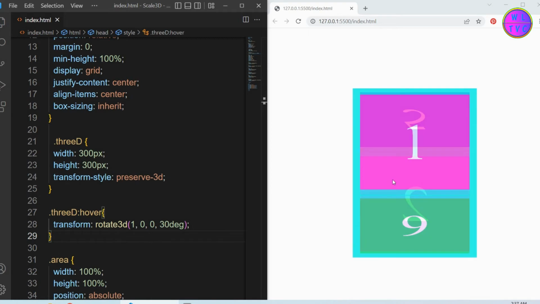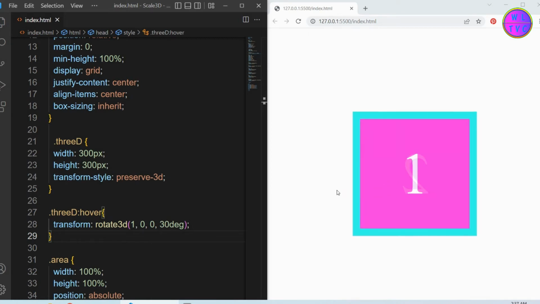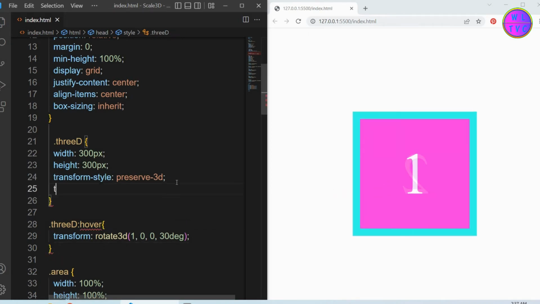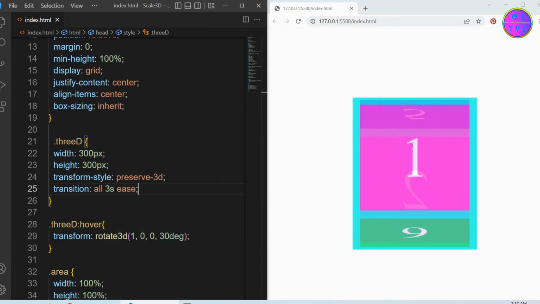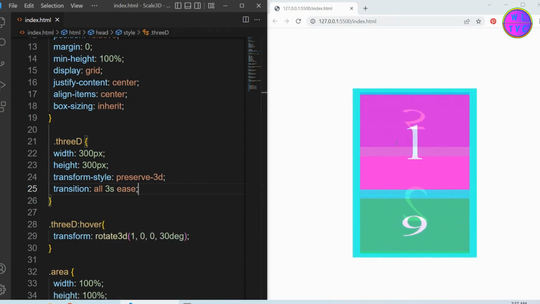Oh, here it is rotating too fast. It looks like some kind of flipping object. So let's add here transition all 3 seconds ease. Now we can see here the rotation very clearly.